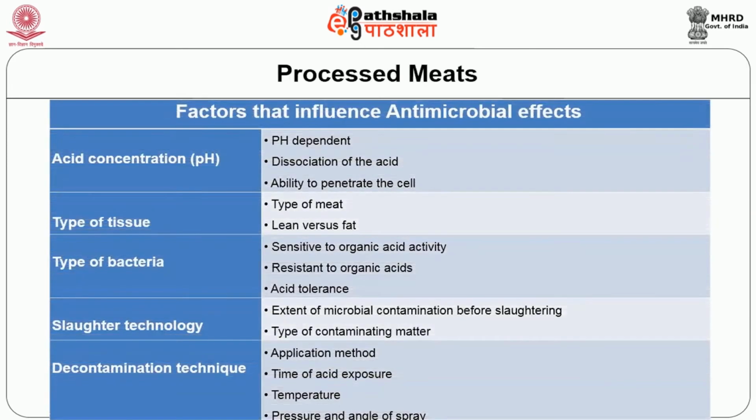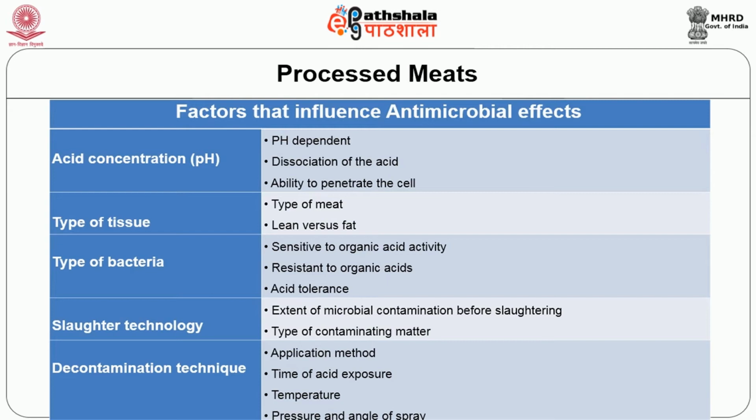The table shows the factors that determine the selection of organic acids in meat decontamination. The factors that influence the acid concentration are pH and dissociation of the acid. The factors that determine the type of tissue are the type of meat, lean versus fat meat.